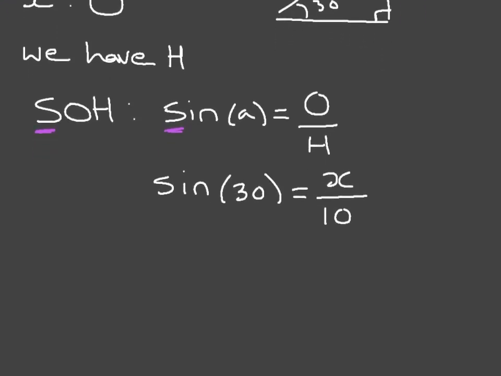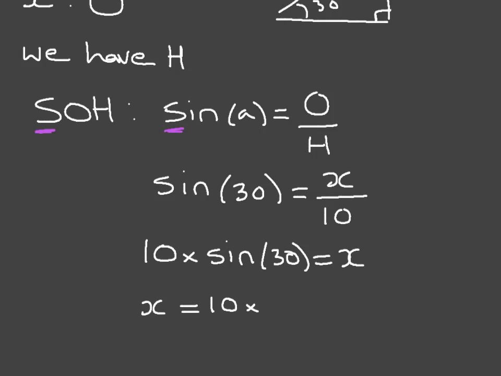If we multiply both sides of this equation by 10, and the reason why I'm doing this is because 10 is on the denominator here and I want to get rid of it, this leads us to 10 times sine of 30 is equal to x, which we can write the other way around just to make sure that from left to right we read x equals 10 times sine of 30.